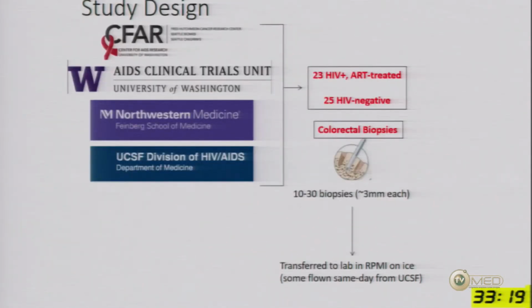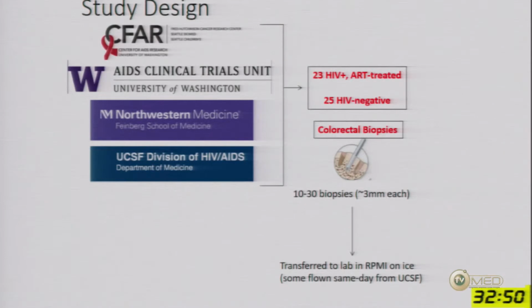So for this study that I'm going to explain to you now, what we wanted to assess was the role of these neutrophils in the GI tract and if the neutrophils are contributing to GI damage at all. Since we know we have these dysbiotic bacteria that could be potentially bringing in the neutrophils, we wanted to assess what's going on. So the study design for this is we have 3 different sites: the University of Washington in Seattle, Washington, Northwestern University in Chicago, Illinois, and the University of California, San Francisco.